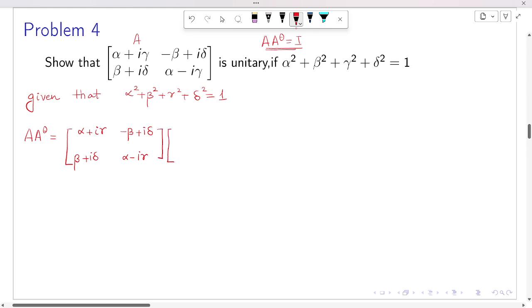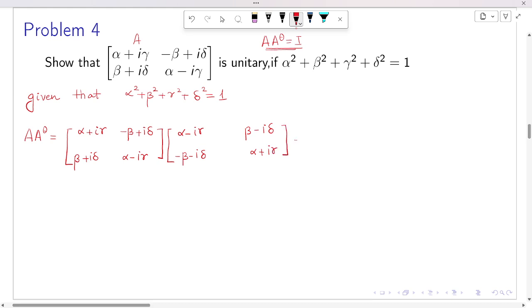A conjugate means conjugate as well as transpose. So it is alpha minus iota gamma, minus beta minus iota delta, beta minus iota delta, and alpha plus iota gamma.